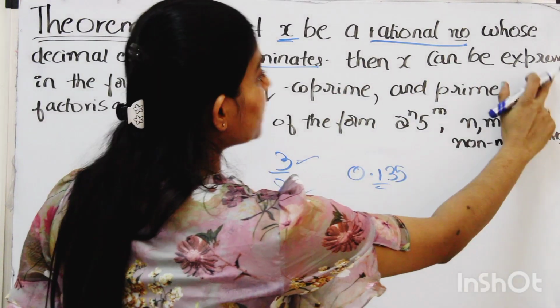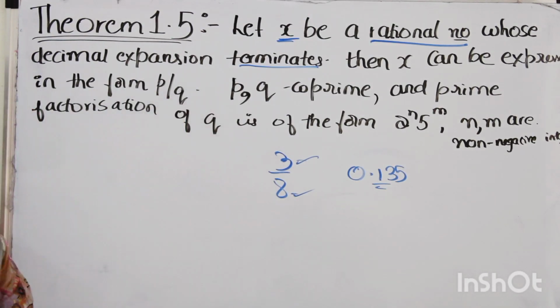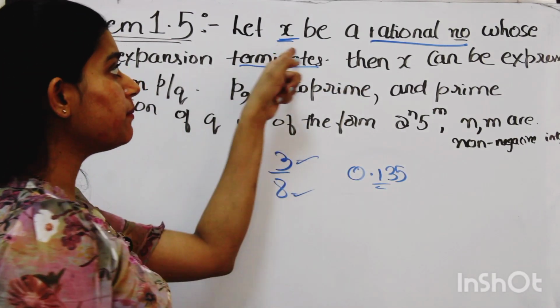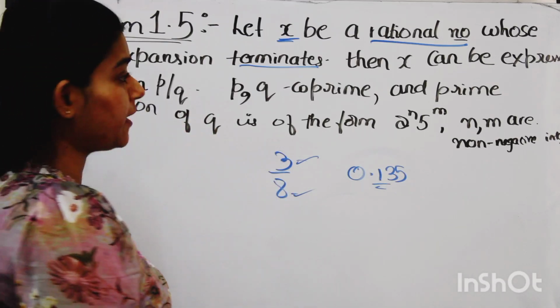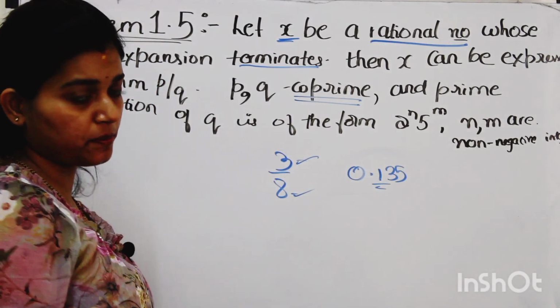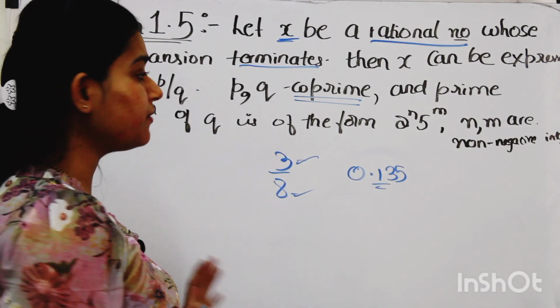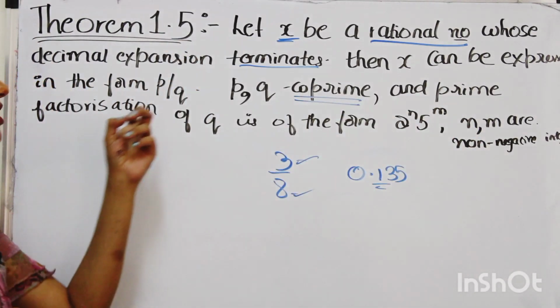Then x can be expressed in the form p by q. You know that. Why? Because x is a rational number, so that is represented in the form of p by q. p and q are what? Co-prime. Co-prime means there is no common factor. Okay, this we discussed. And prime factorization of q.